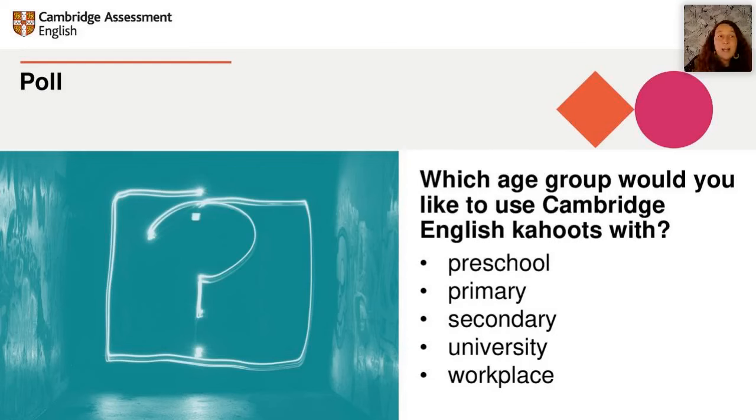Which age group would you like to use Cambridge English Kahoots with? Is it preschool, primary, secondary, university, or adults in the workplace? Use the poll to tell us. And if you'd like to use Kahoots with more than one of these groups, then you can give us more details in the chat as well.